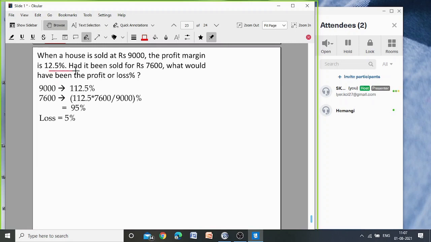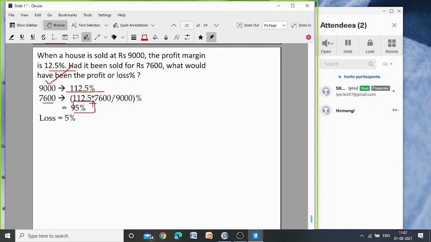So it is 100 plus 12.5, 112.5. So 9,000 is 112.5. So 7,600 is how much? So what will 1% be? 112.5 divided by 9,000, then multiplied by 7,600. Calculate and see, you will get 95%.